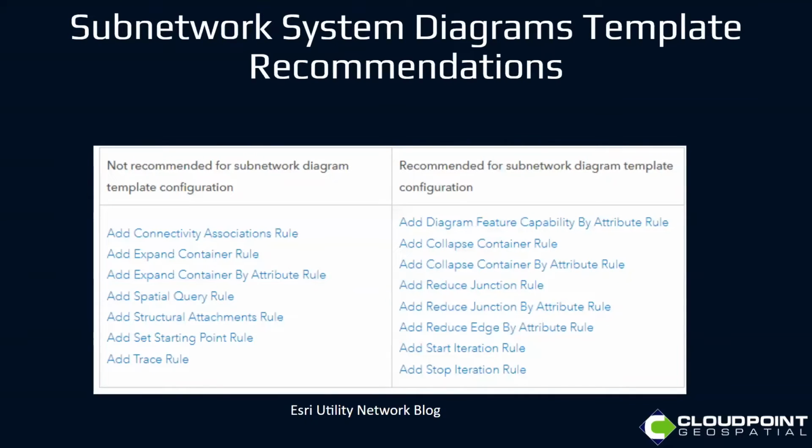It is recommended to avoid certain rules for subnetwork system diagrams that may impact performance or include features from other subnetworks, like the add connectivity associations and add structural attachments rules, or the expand container rule. This clip here is from an Esri Utility Network blog. We do have some links at the end, and one of the links is to this particular blog.